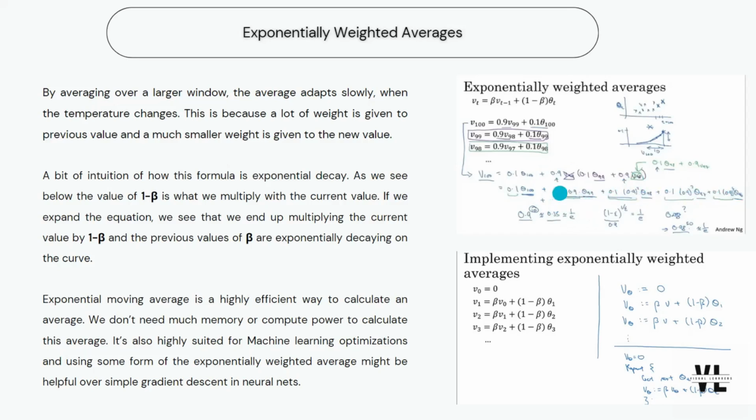It's going to be 0.9 at first, and as we substitute more values, it becomes 0.9 squared, 0.9 cubed, and when we square and cube the values, it's going to become smaller and smaller, and it's going to decay over time. So that's why the name exponentially decaying weighted average is given for this algorithm.